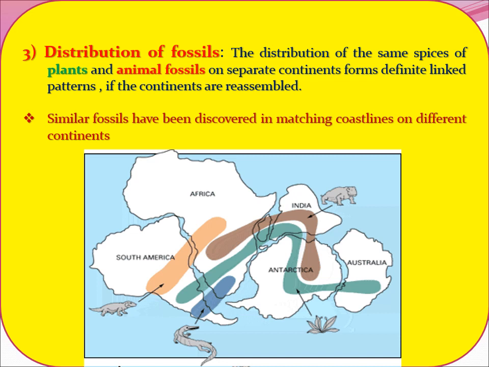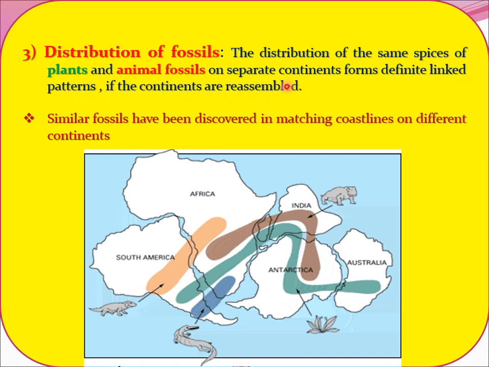Thirdly, the distribution of fossils. The distribution of the same species of plant and animal fossils on separate continents forms definite linked patterns if the continents are reassembled.